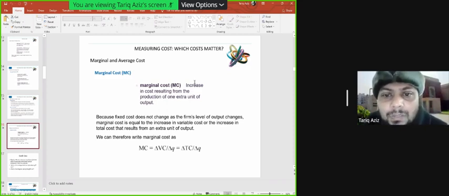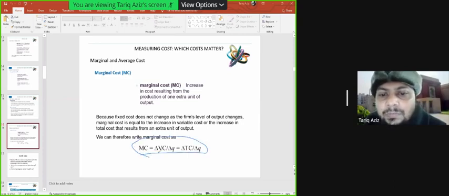So that is why as the firm's level of output changes, marginal cost is equal to the increase in variable cost or the increase in total cost that results from an extra unit of output. We can therefore write marginal cost like this, which is change in variable cost divided by change in quantity.